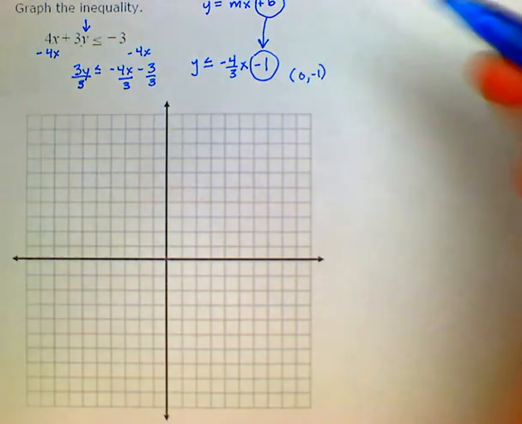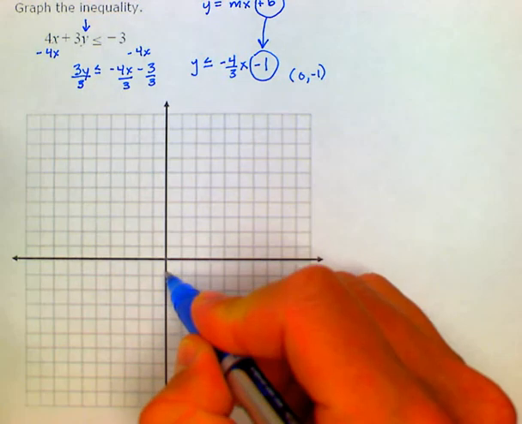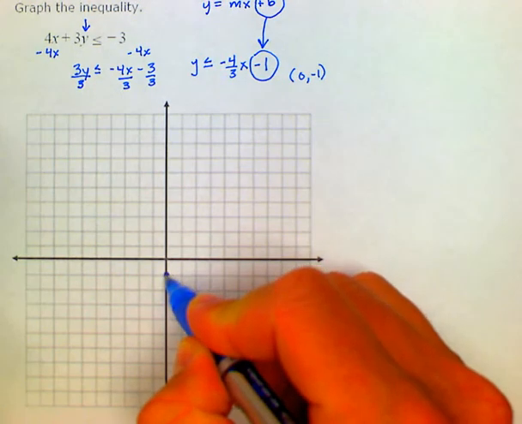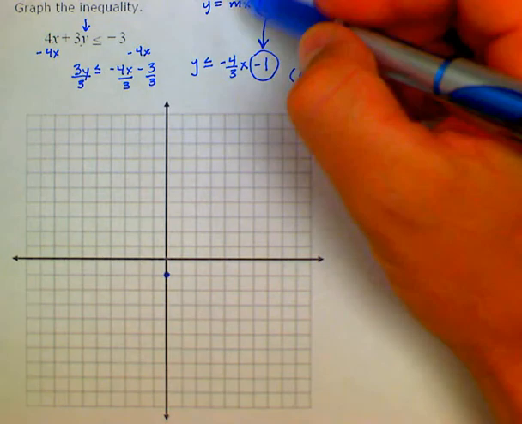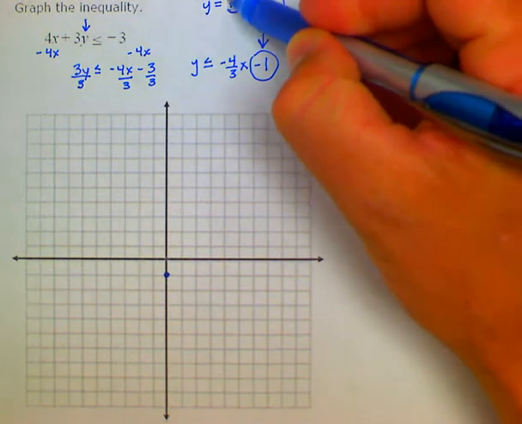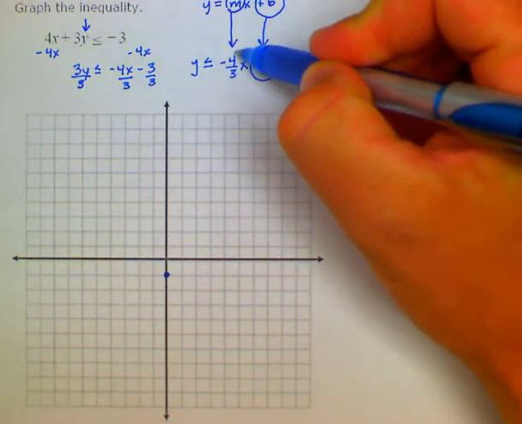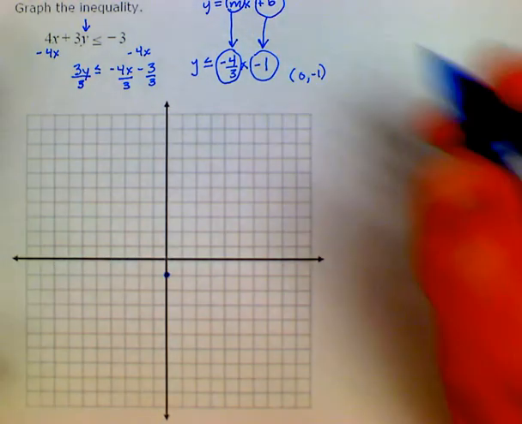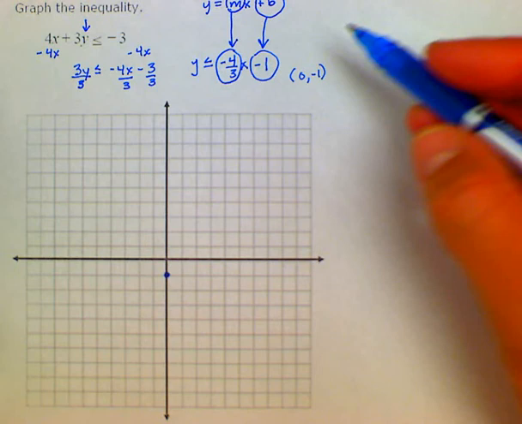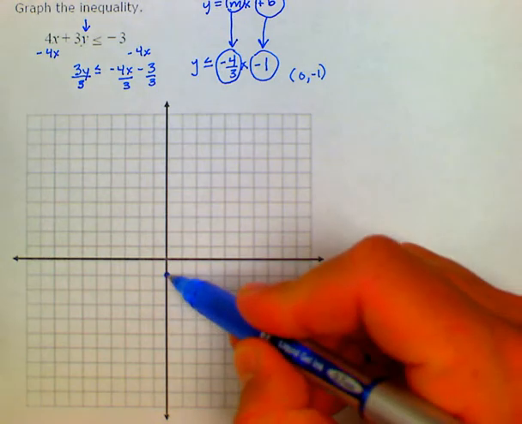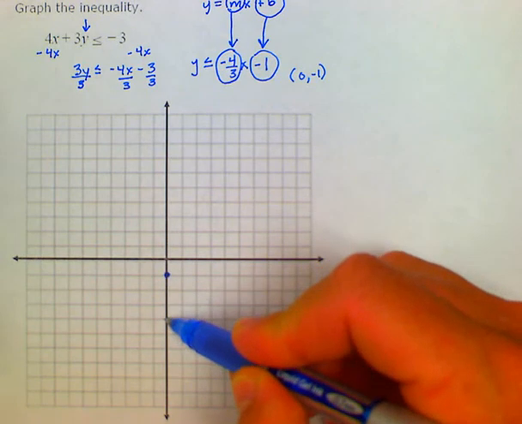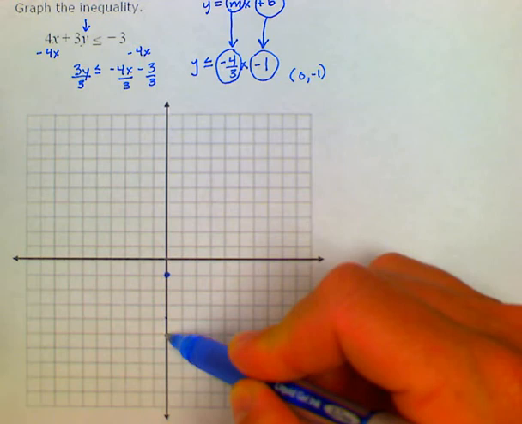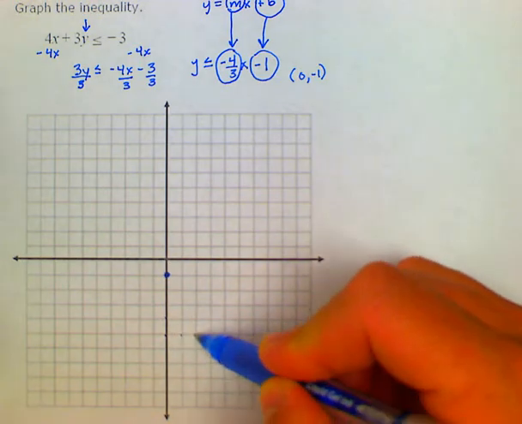So starting at the origin, we would go down 1. And then we would use our slope, which is negative 4 over 3, our rise over run, or our change in y over our change in x. Starting at our y-intercept, we would go down 4, 1, 2, 3, 4, and positive 3 to the right.